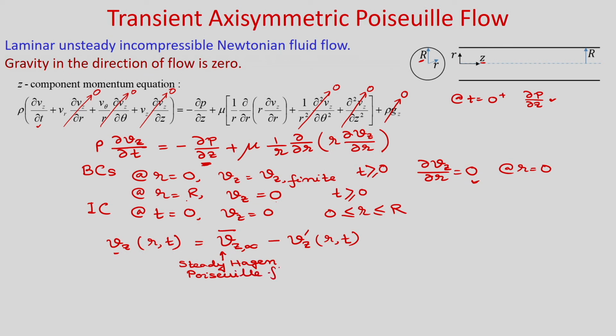So, this is the solution from steady Hazen-Poiseuille flow where you have an imposed pressure gradient del P by del Z. But this other problem, if you put it here, this is the solution of the transient problem without pressure gradient.